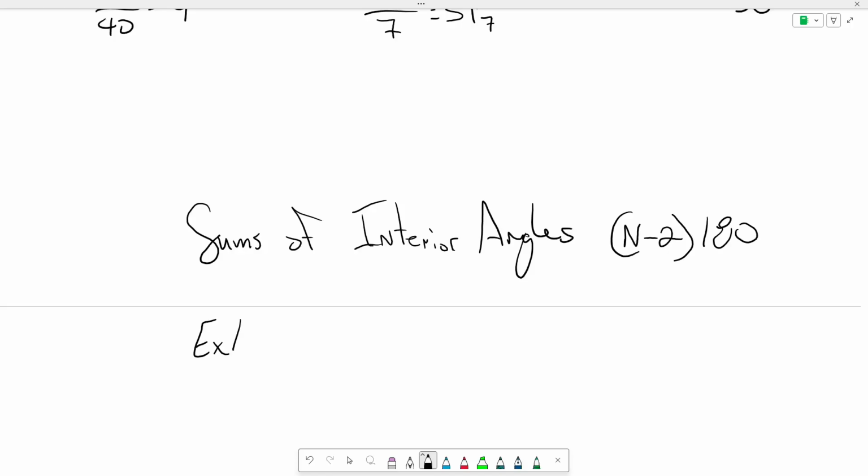Exterior angles, boy, can't spell today. Angles, that one would be 360. Use these to help you solve any problems you come across dealing with interior angles of polygons.